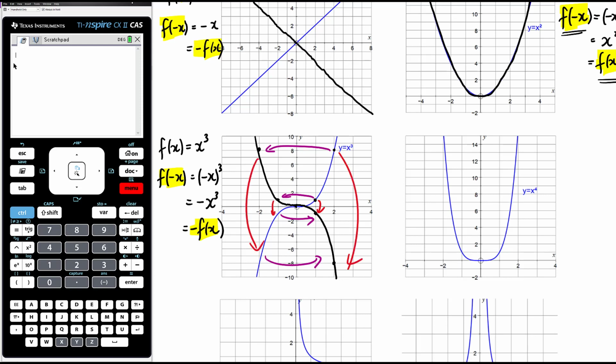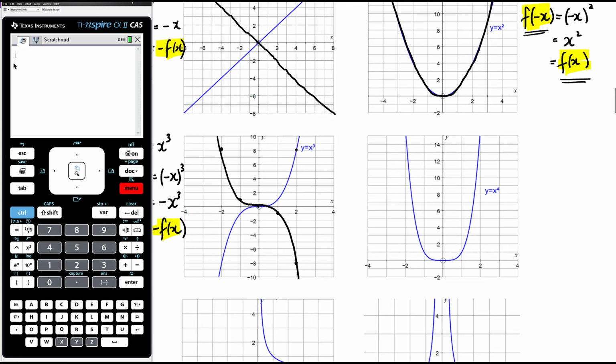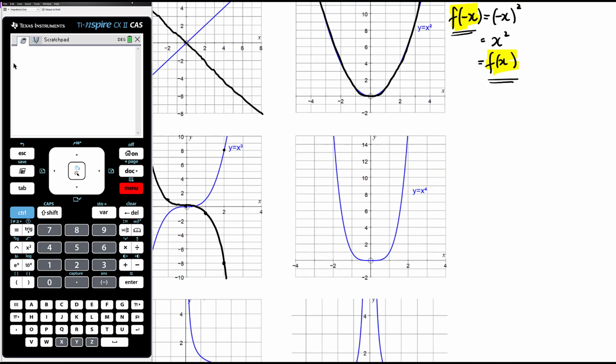Okay. So again, we didn't need to think about it as a new transformation when we were looking at the cubic graph.